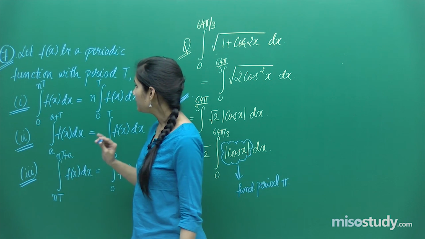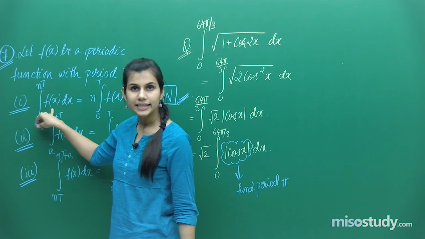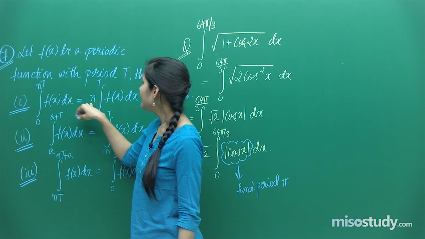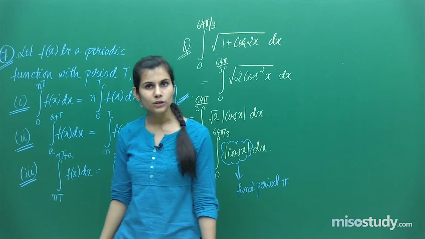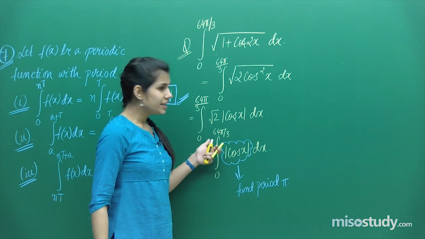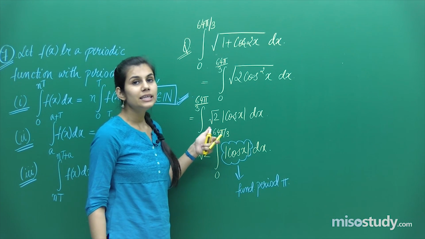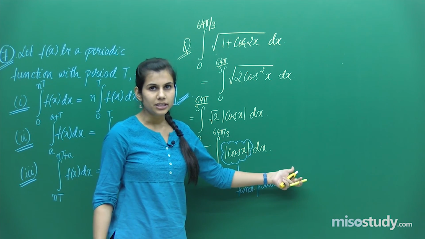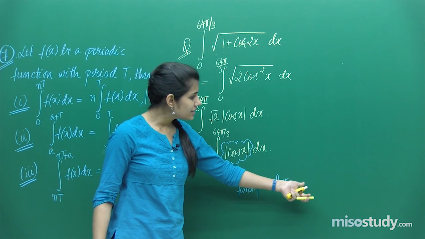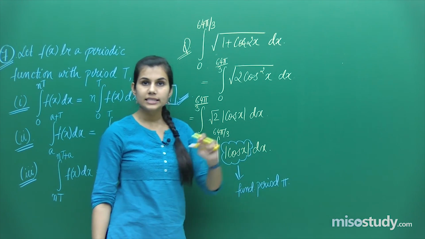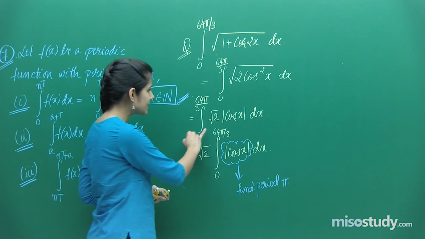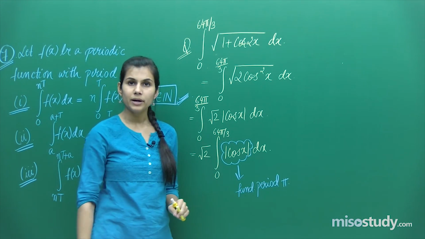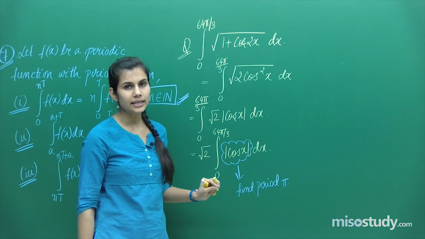I know when the fundamental period is pi for this integrand function, then 0 to nT happens to be n times 0 to T. So over here I have 64 by 3 pi. Can I write it as 64 by 3 multiplied by the integral 0 to pi mod cos x dx? Can I take 64 by 3 out of this upper limit and put it before the integral sign?